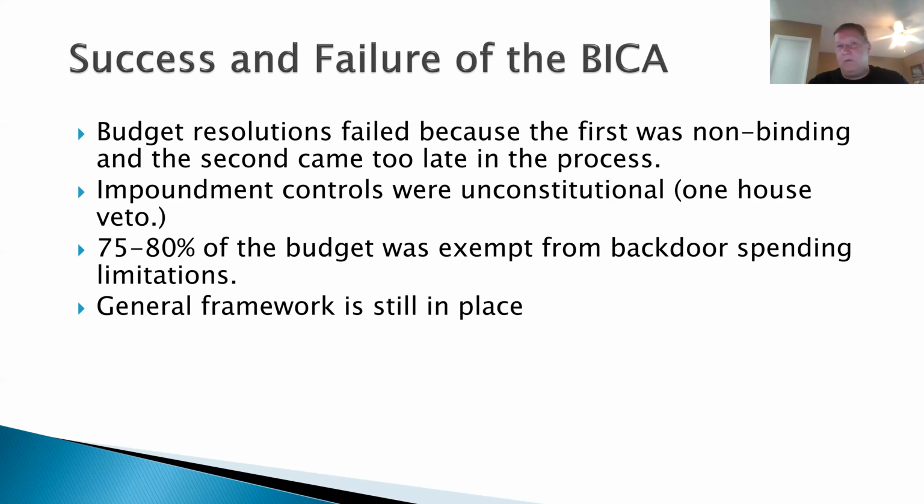So having that first resolution in May be non-binding basically politicized the process. And it just opened the doors of Congress and invited all these interest groups, invited all these lobbyists to come in and participate in the budgeting process. That second resolution that was binding, that came about in September, the problem with that one is it just came too late in the process.